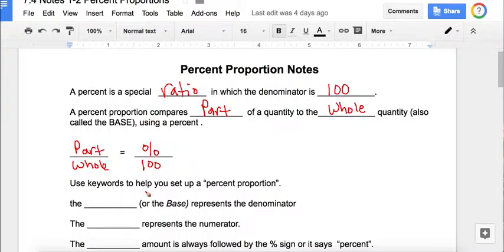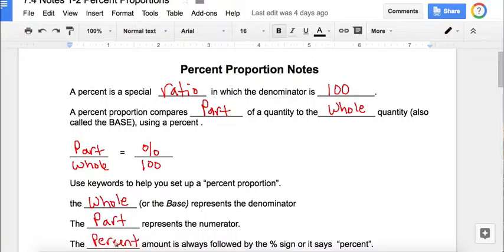Okay, so it says use keywords to help you set up a percent proportion. So the whole, or the base, represents the denominator. The blank represents the numerator. That's correct, the part. And the blank amount is always followed by the percent sign, or it says percent. So of course that word is percent.